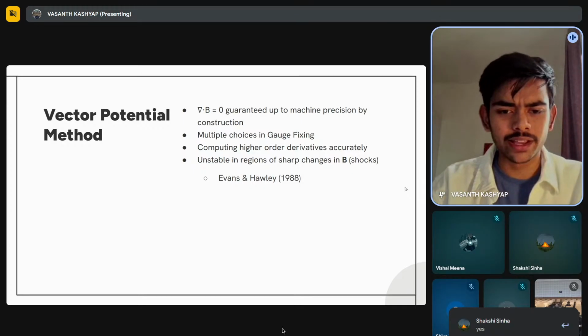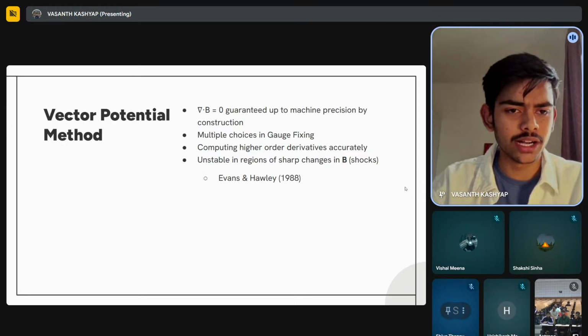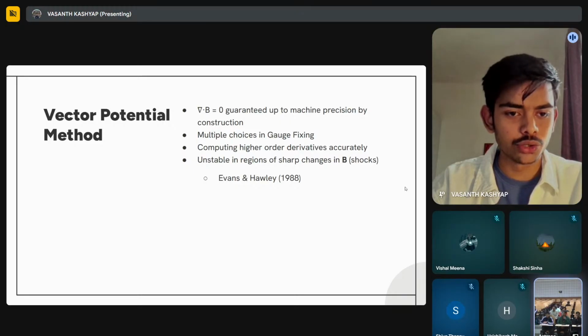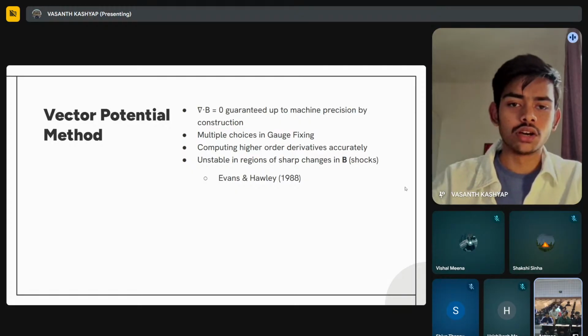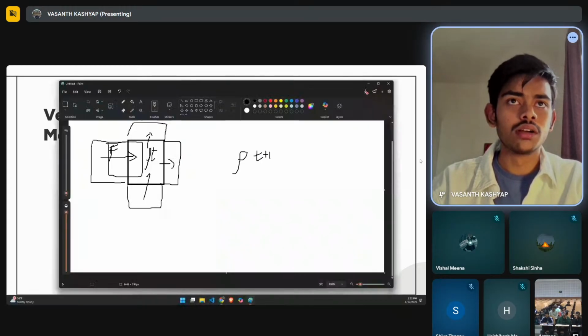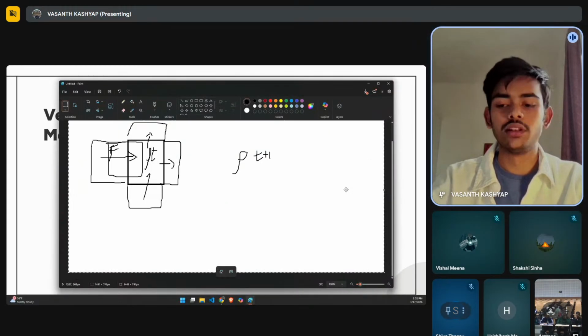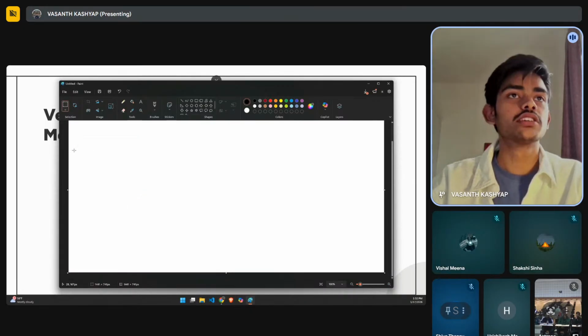Have you done some vector algebra at all, like vector calculus? Do you know curl, divergence? Do you know them? Yes, no. Okay.